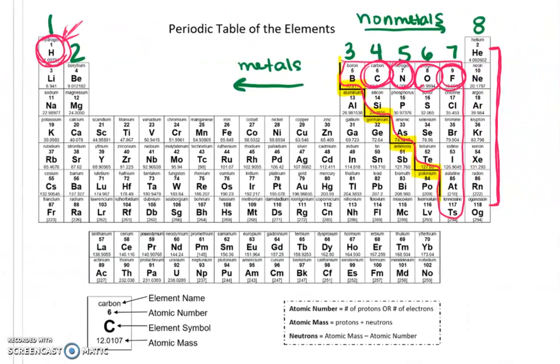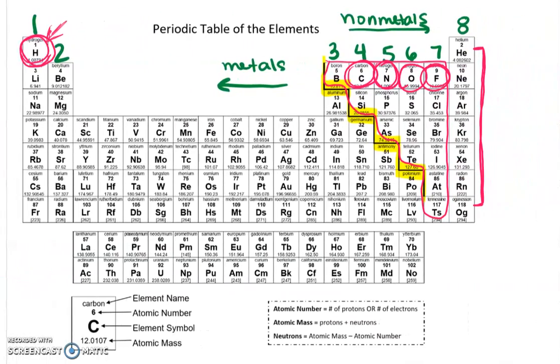Well, hydrogen only has 1 electron in that valence shell. And remember that the first energy level can only hold 2 electrons. If we wanted to show this with the Bohr model, it would have 1 proton, no neutrons, so there's the nucleus, and then its first energy level, remember, is full only when it has 2.